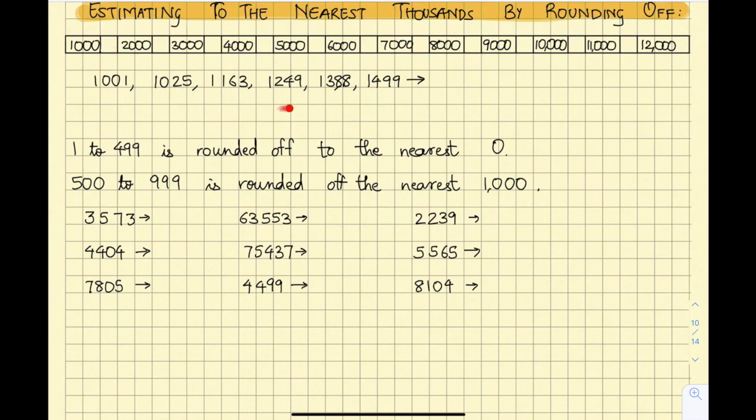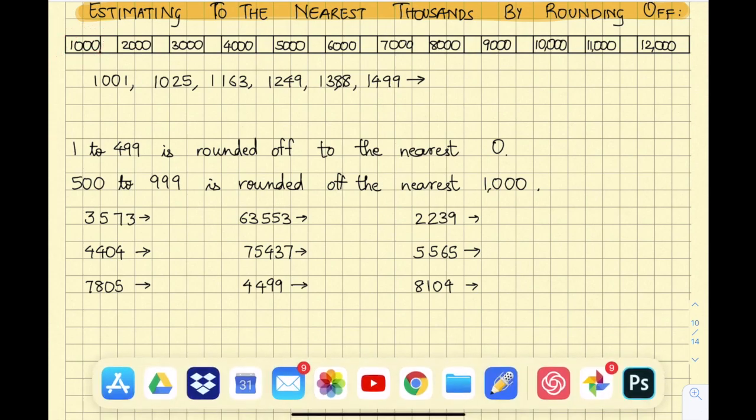So these all numbers will be rounded off as 1000 because they are close to 1000.